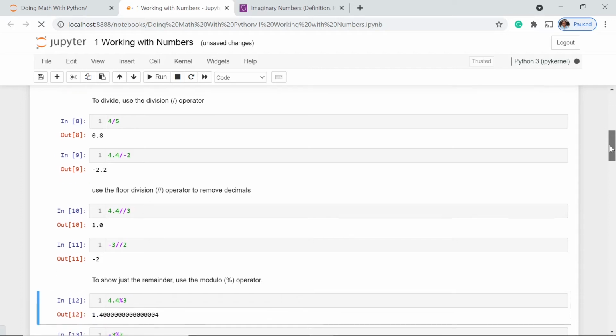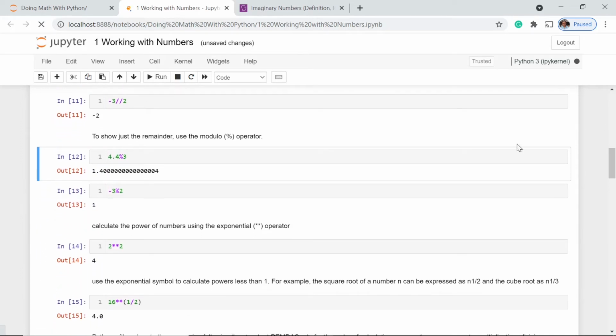So here we are shown the remainder, or those digits in the decimal places. Negative 3 divided by 2, the remainder is 1. So let's go back to this one first. I made a mistake. This 1.4 is actually the remainder of this one, because 4.4 divided by 3 is 1, so this is the remainder.